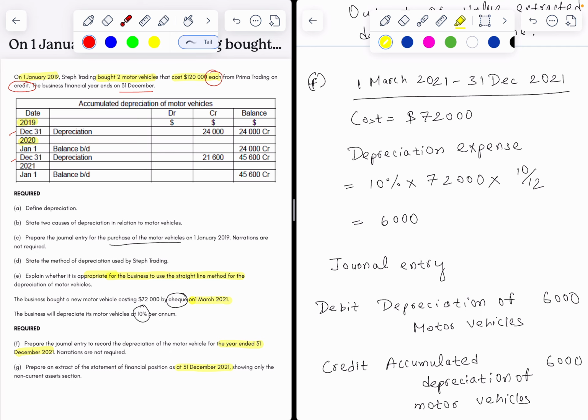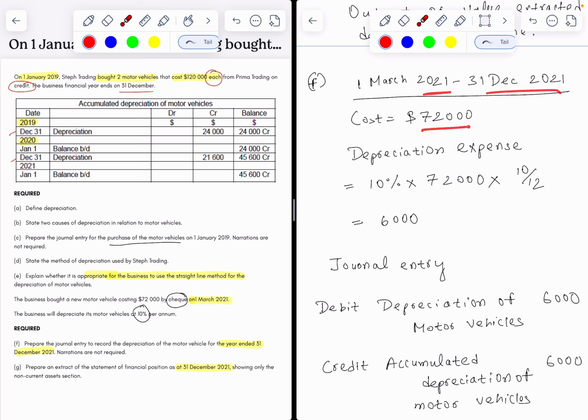Now, the asset that we're working with in this question, so we understand that we purchased this asset on the 1st of March 2021, right? So from 1st of March 2021 until the end of 31st of December 2021, we have got 10 months that this asset was used in the year 2021, okay?